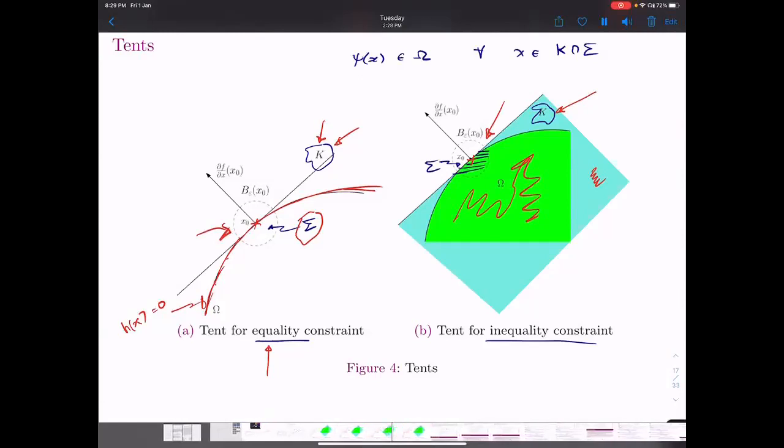Okay. So A is the tent for an equality constraint and B is the tent for an inequality constraint. So Mangal, at this point, we are just giving an intuition of what these tents are. There is a formal definition of the tent, which Boltyansky gives in his paper, and I'll show it in a subsequent slide. Okay, thanks.